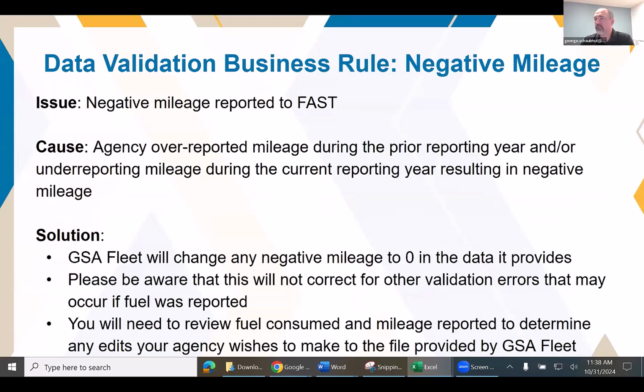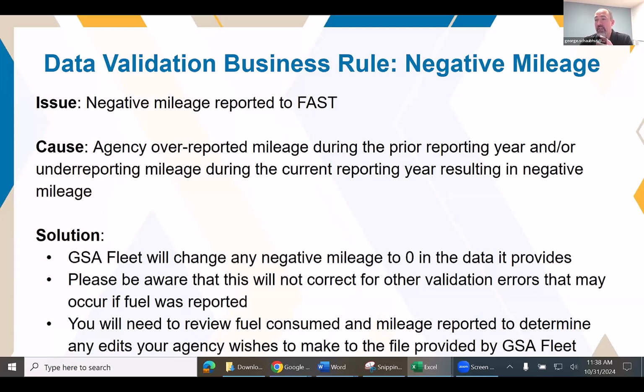All right. Okay, so negative mileage. There are flags that do appear, and the reference that Michelle provided earlier has 127 pages of business rules to reference as you go field by field to see what the minimums, the maximums, and particular rules are. One of the ones that popped up on a lot of people's validation reports was negative mileage. So how would a vehicle drive negative mileage?